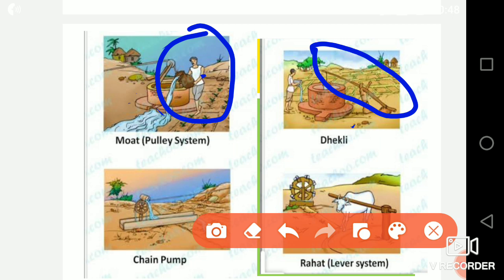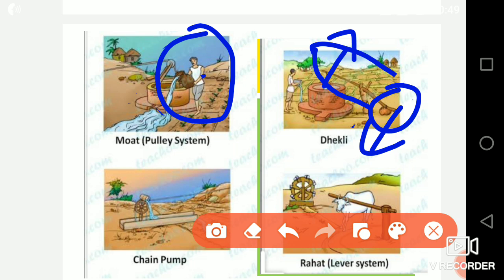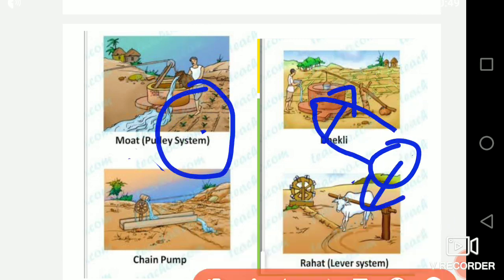At the end of the bamboo you can see a load is tied. Due to this heavy load it will be pulled downwards, and due to that the water will come upwards from the well, and after that it will be easy for the man to draw the water into the channel. This is termed as Dhekli.